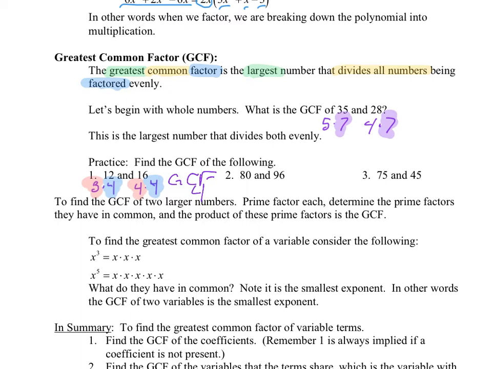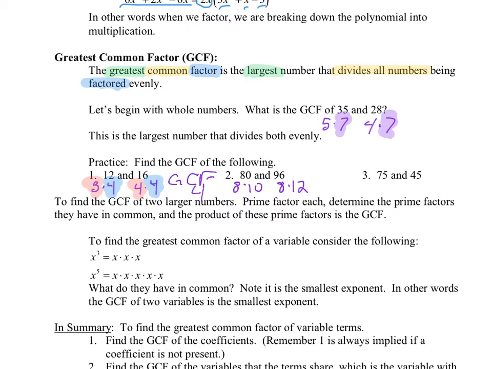Okay, 80 and 96. Well, let's see. 80 is 8 times 10. 96 is 8 times 12. Well, 10 and 12 both have 2's.